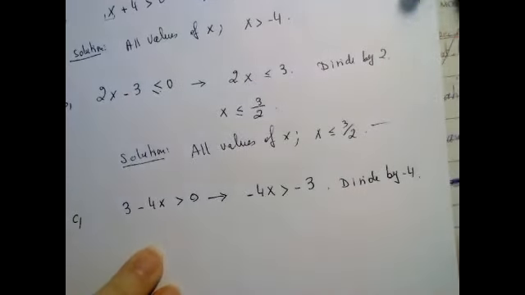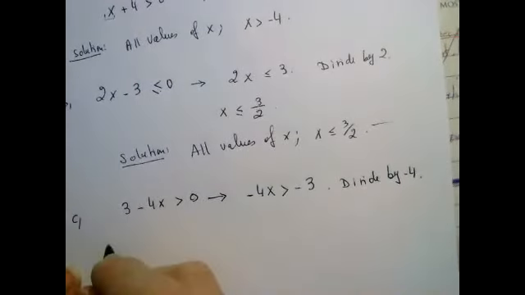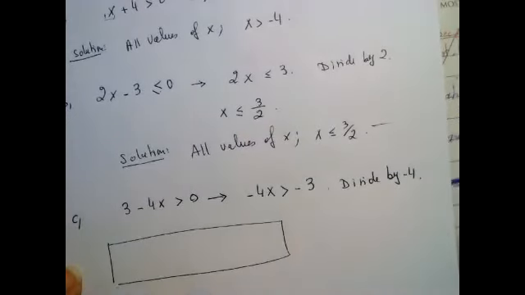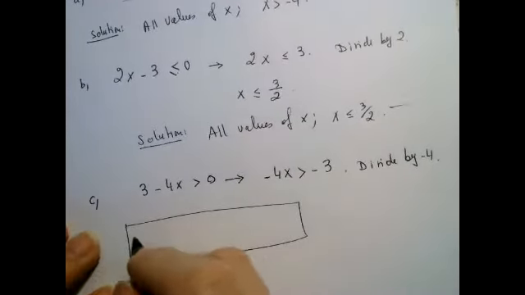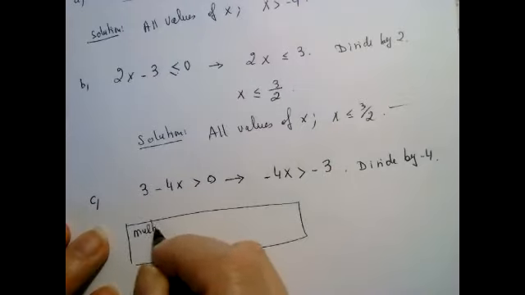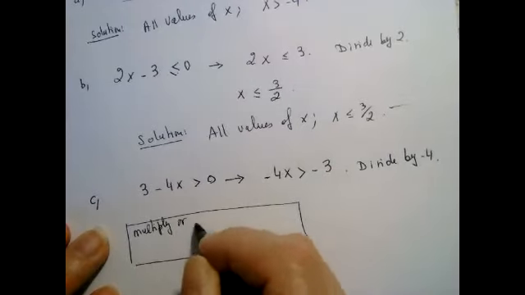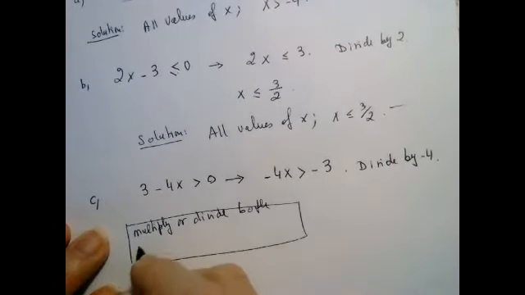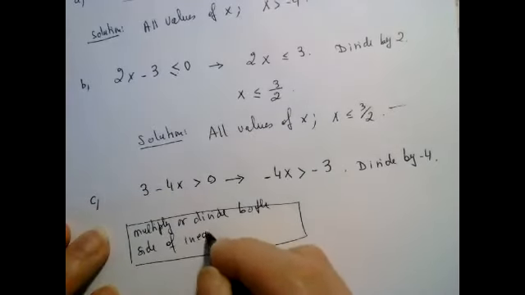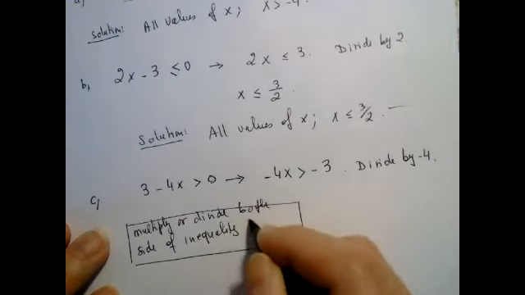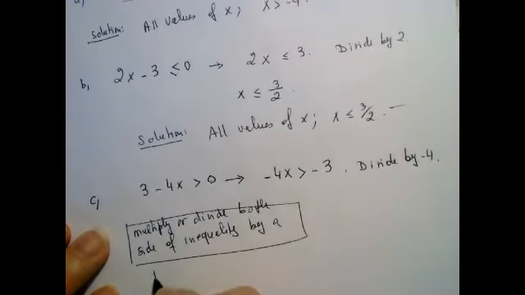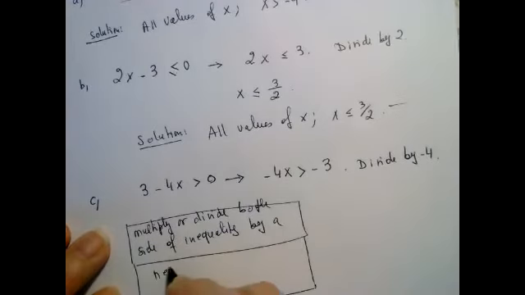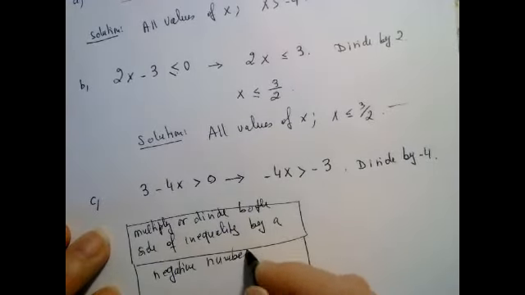Okay, and now here's the thing about inequality. If you have an inequality, when you multiply or divide both sides of an inequality by a negative number, then what should we do?